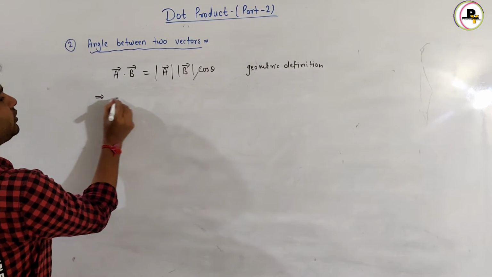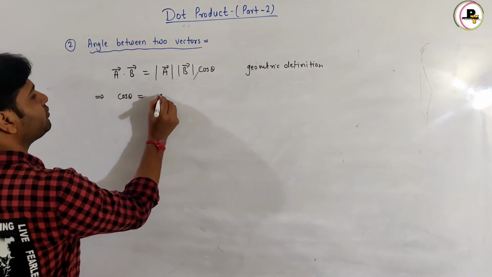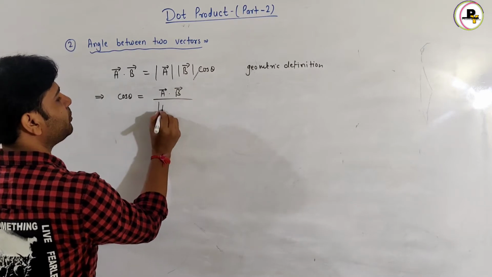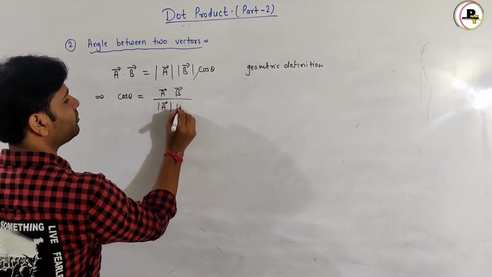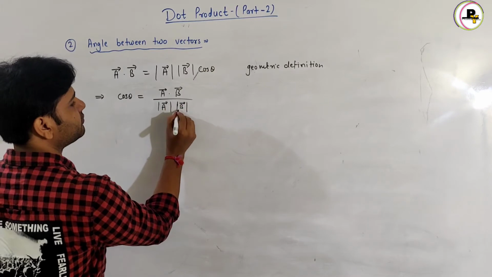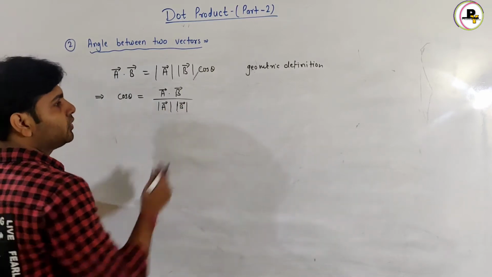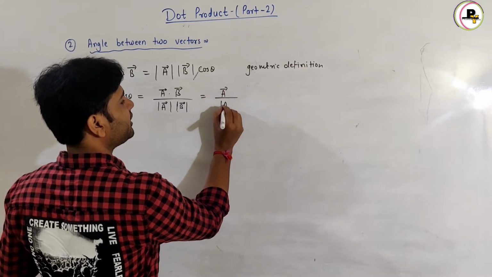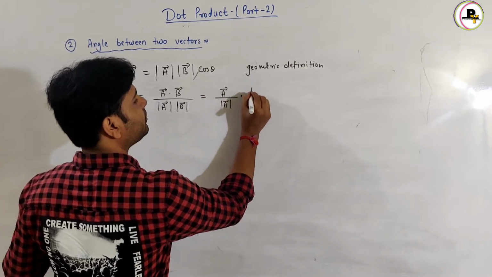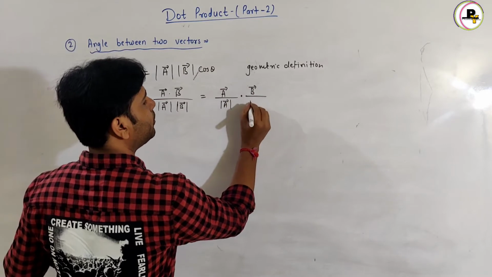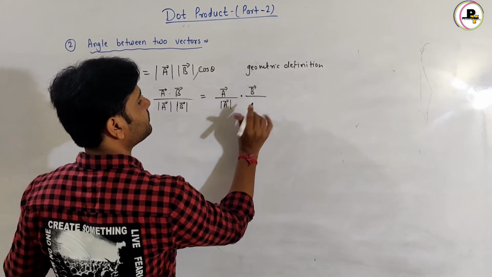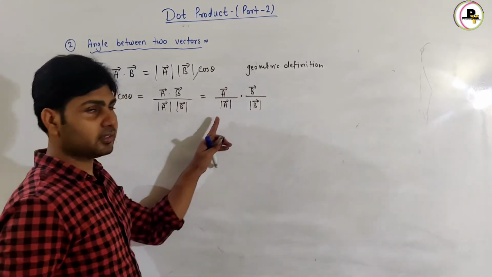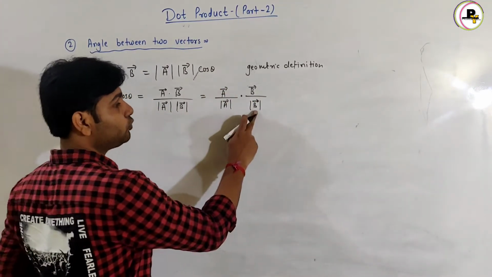Therefore here I can write cos of theta equals to a vector dot b vector divided by mod of a vector into mod of b vector, or I can write here a vector upon mod of a vector dot b vector upon mod of b vector, and this is nothing but a cap, and this is b cap.